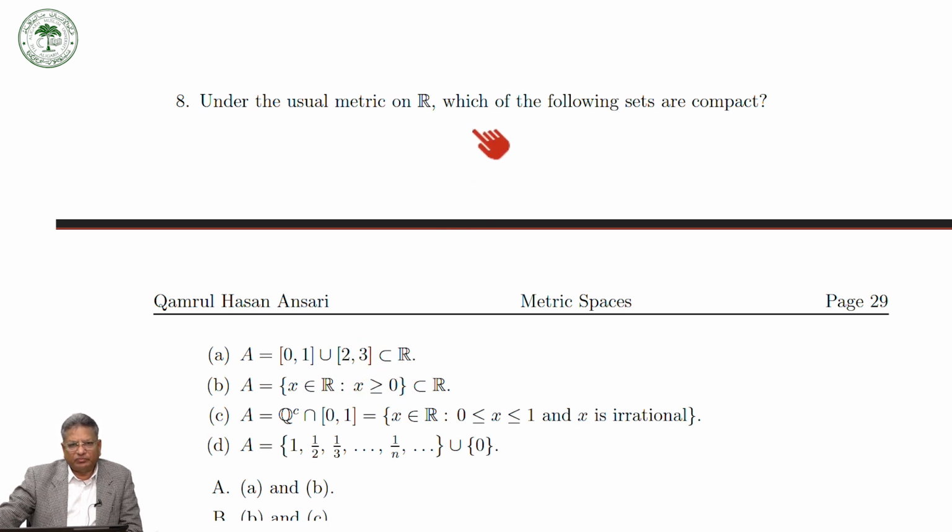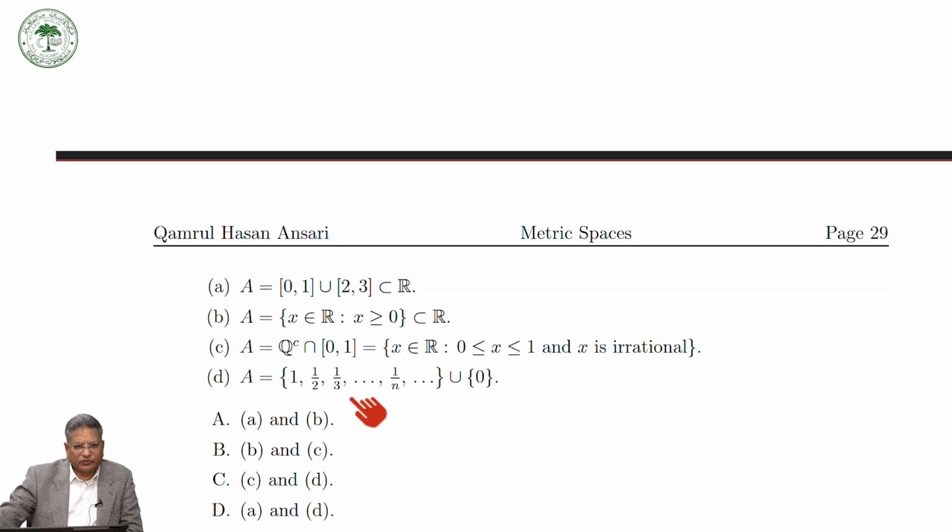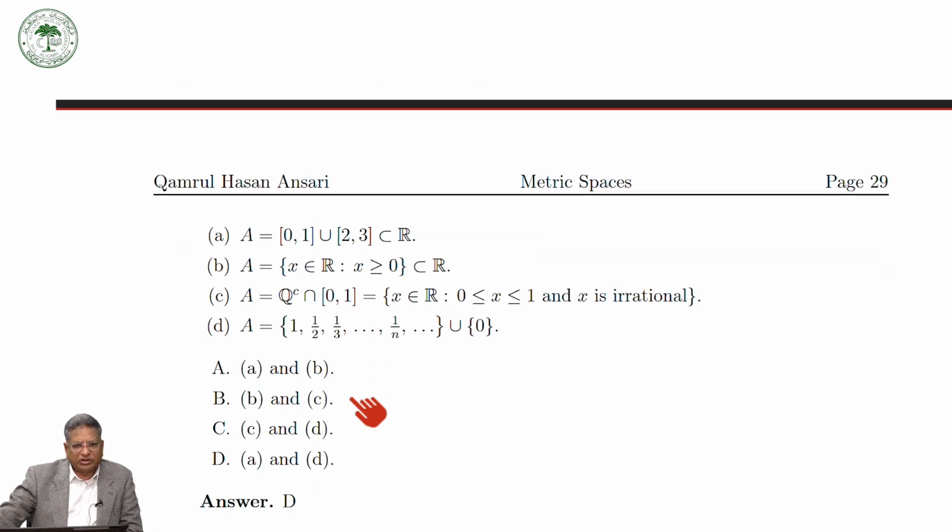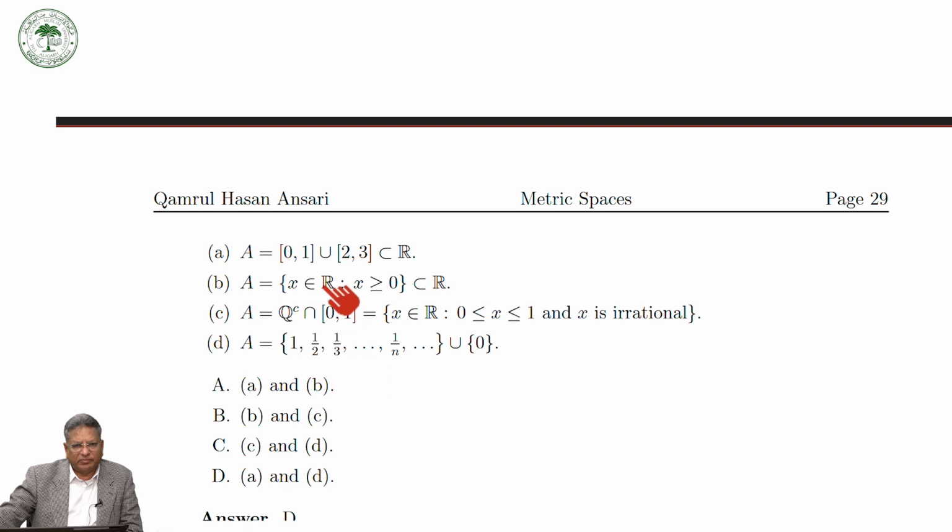Then here, this is greater than or equal to 0. This set is bounded below, but it has no upper bound. It is closed, but not bounded, and therefore this is not compact.